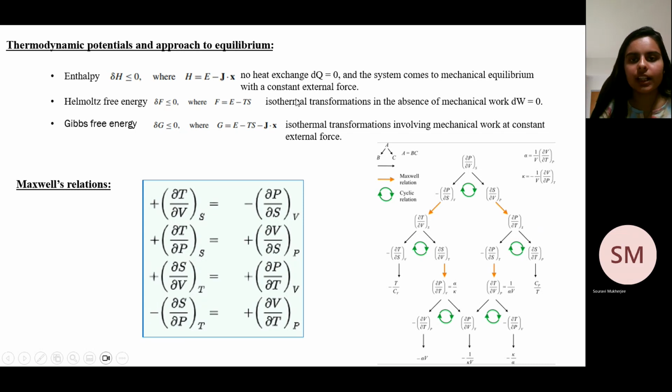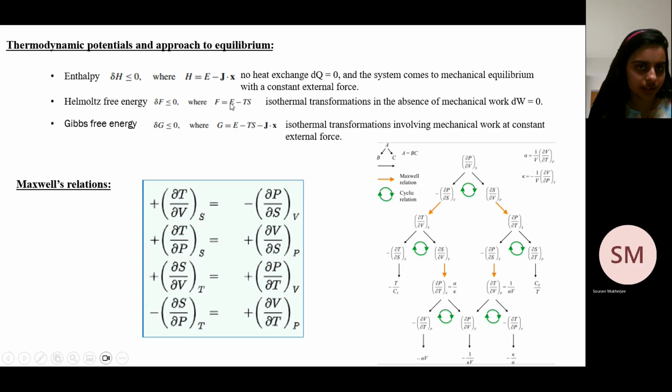Okay. And similarly, if you have isothermal transformations in the absence of any mechanical work, if you have a system under this condition, then you can define a potential called the Helmholtz free energy. Okay. And the system always tries to minimize the Helmholtz free energy if the system is under this condition. And the Helmholtz free energy is given by F equal to E minus TS.